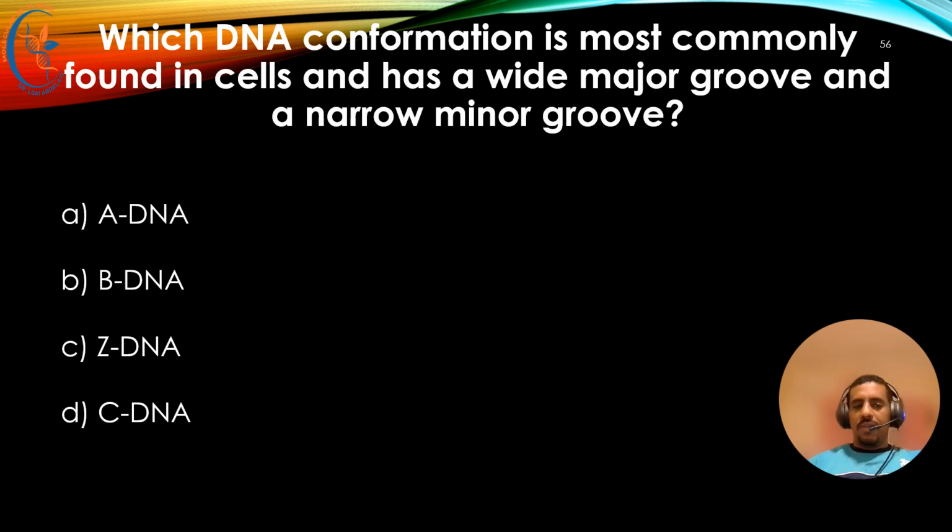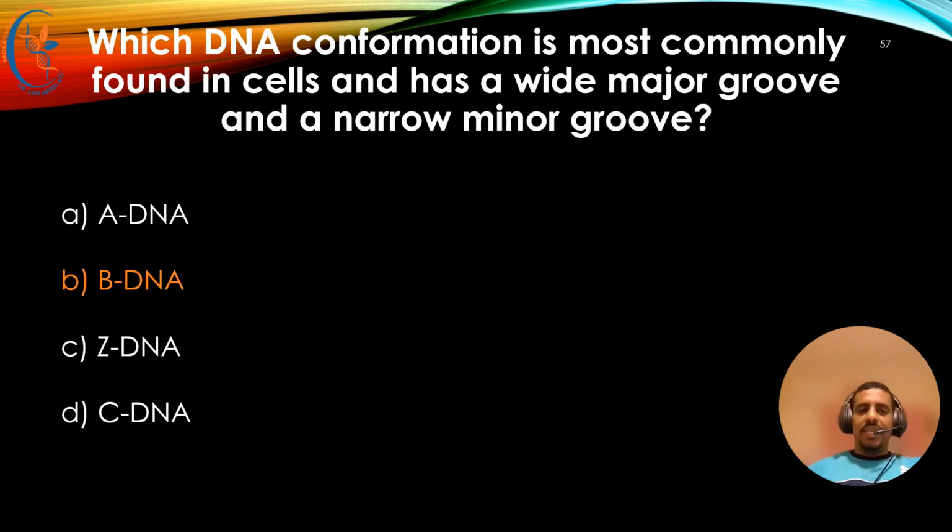All right, so the correct answer is B, B DNA. Actually, B DNA is the most common form of DNA found in cells. All right, it has a wide major groove and narrow minor groove. So let's move to the next question.